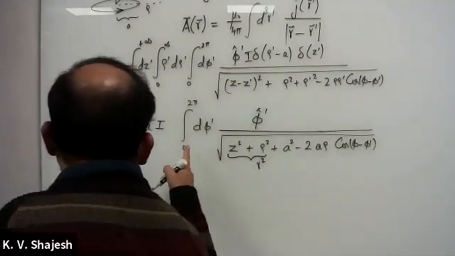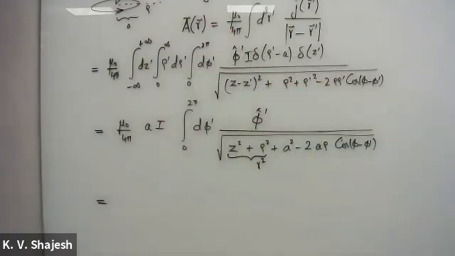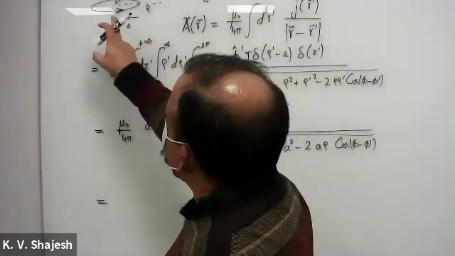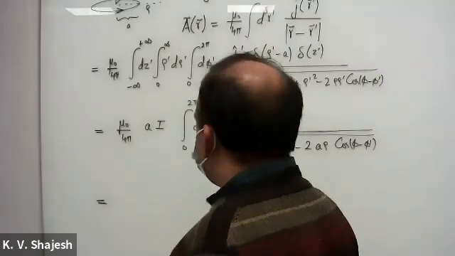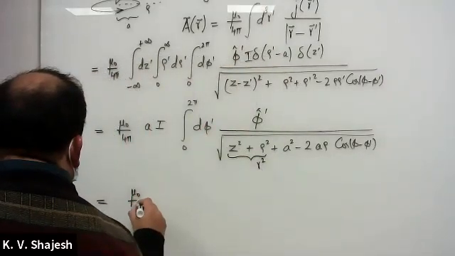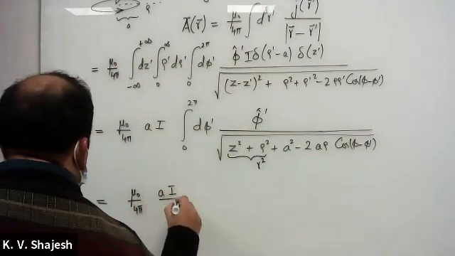And if I pull this r square out, r really doesn't depend on the angle phi, right? That's an observation point from the origin. That distance doesn't change when I change phi prime, which is basically on the circle. The origin and the observation point are independent of the source point. So it's mu naught over 4 pi a times I over r.